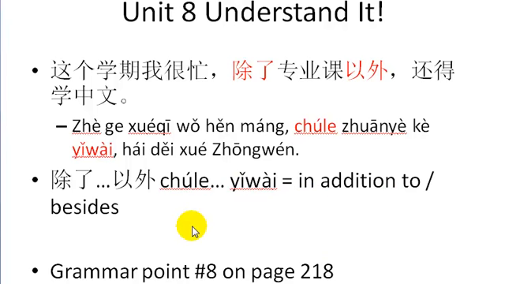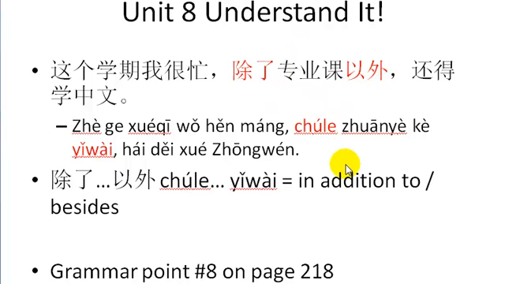So, in addition to studying Chinese, I also study Spanish. Taking the sentence I just made as an example, if I'm saying in addition to studying Chinese, Chinese will go in the middle of 除了 and 以外.